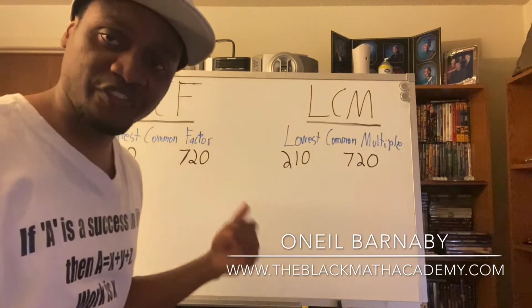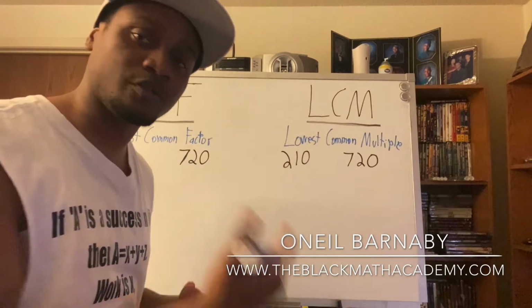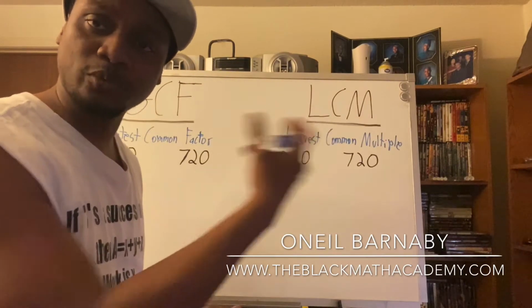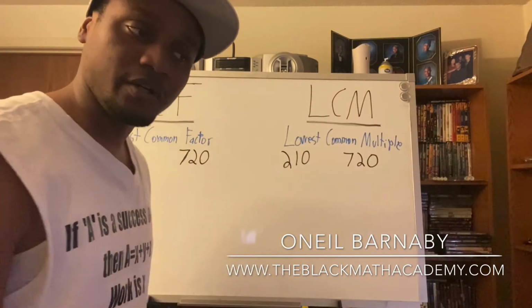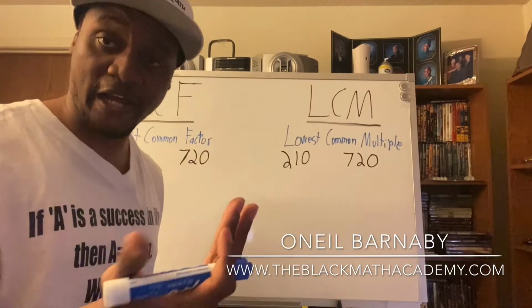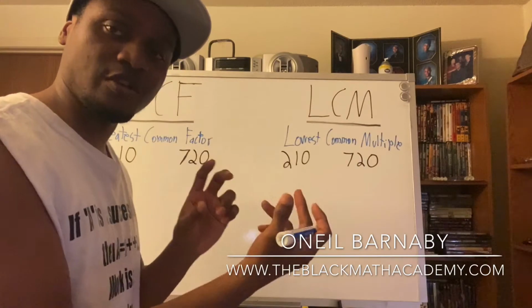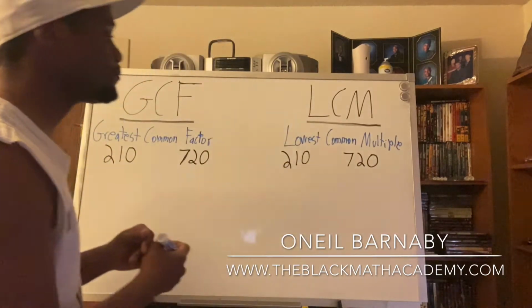The greatest common factor is also useful for when you're trying to factor out a polynomial equation or expression. If you have an expression with multiple terms, and each term has a common factor, you could pull it out, which is called factoring, and it'll make the expression or equation a bit easier to handle, and then you can solve it in a more simple fashion.